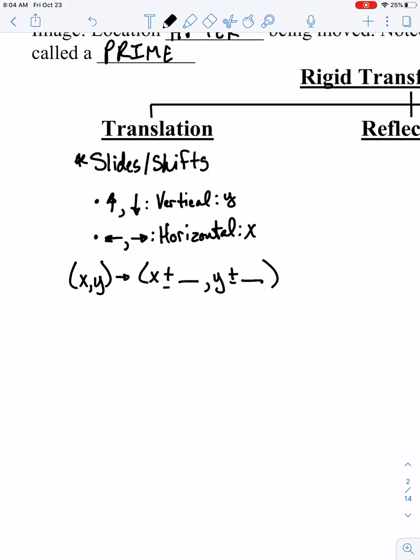If I'm adding on a number line, I'm going to the right. If I'm subtracting, I'm going to the left. And then y plus, when I'm adding, I increase in value. When I'm subtracting, I decrease in value.